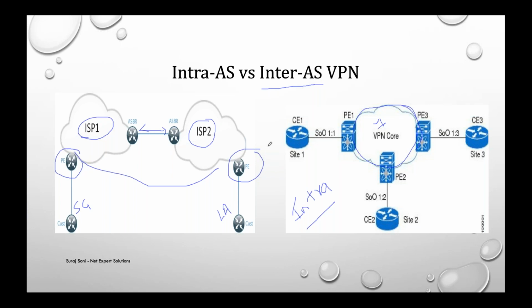So far so good. Does it make sense to you? So this is how inter AS and intra AS is. Right now we are going to focus on intra AS. Later we will focus on inter AS. In inter AS we have different options to configure it.